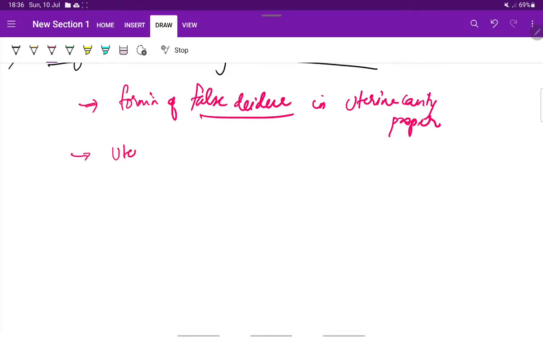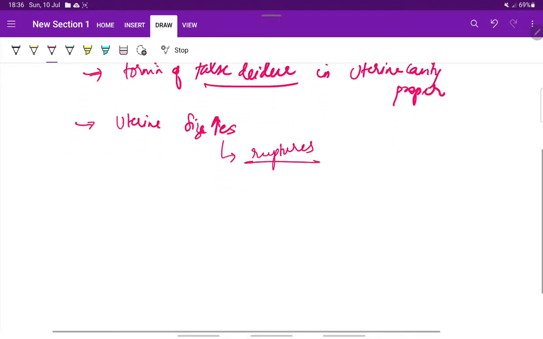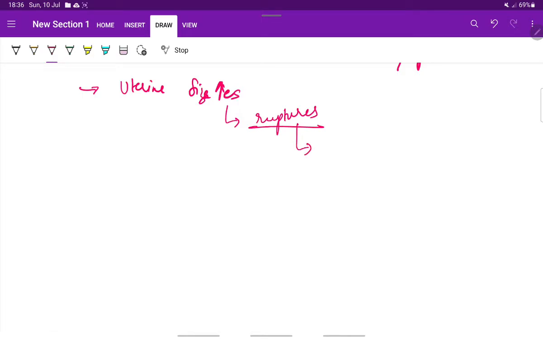The uterine size increases, but since the muscular tissue of the horn is not well developed, because of the enlarging ovum, after a certain extent it ruptures. This can occur any time within the first 16 weeks of pregnancy.